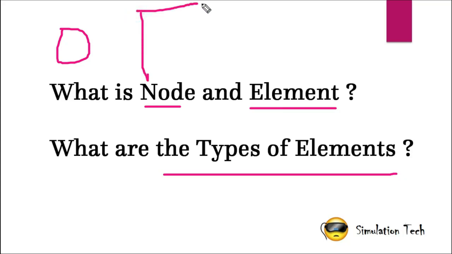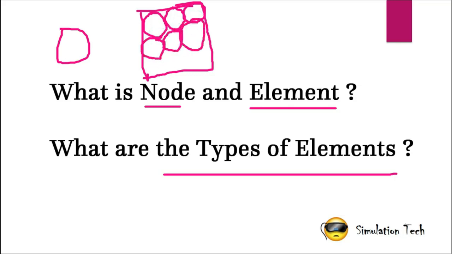If I have a rectangular or square surface that I need to discretize, can I use a circle as a discretization element? No, that is not possible, because if you discretize this model using circles, you may face a lot of errors. See, a lot of unoccupied spaces are over here.